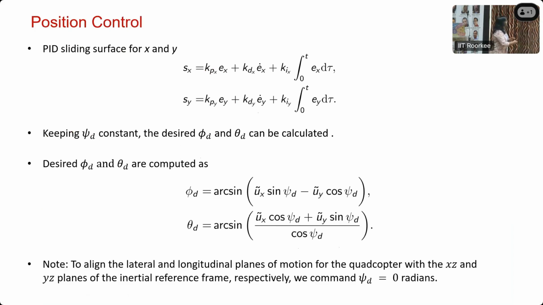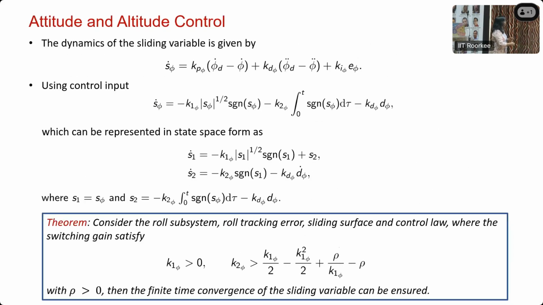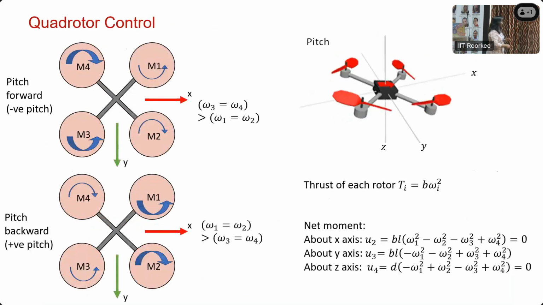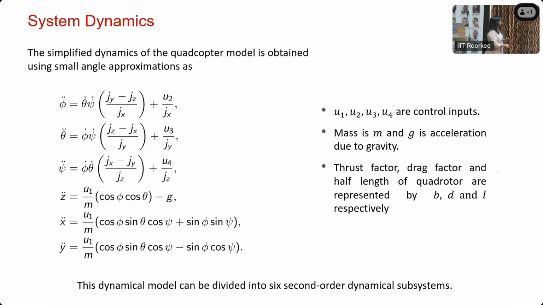So if I go back again, in this virtual technique, if you look at this differential equation, x double dot equals u1 by m, so this whole term is considered as ux. And over here, this whole term is considered as uy. So you can see the ux and uy control will depend on u1 also.